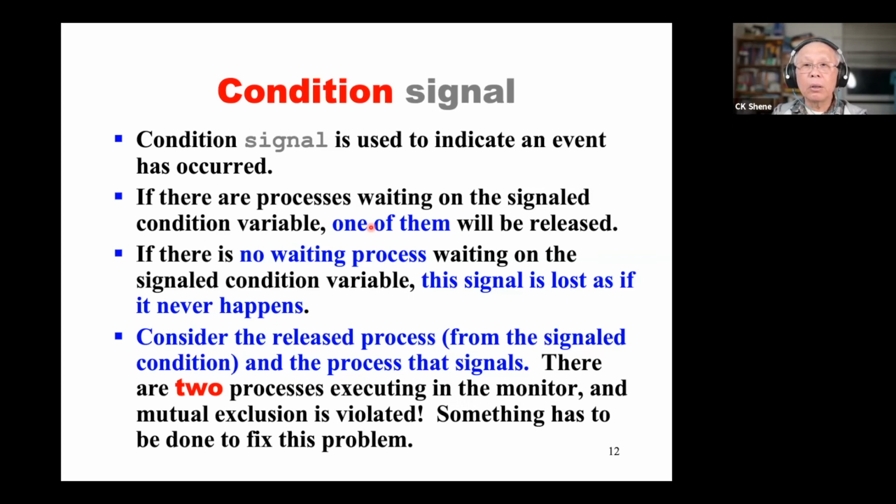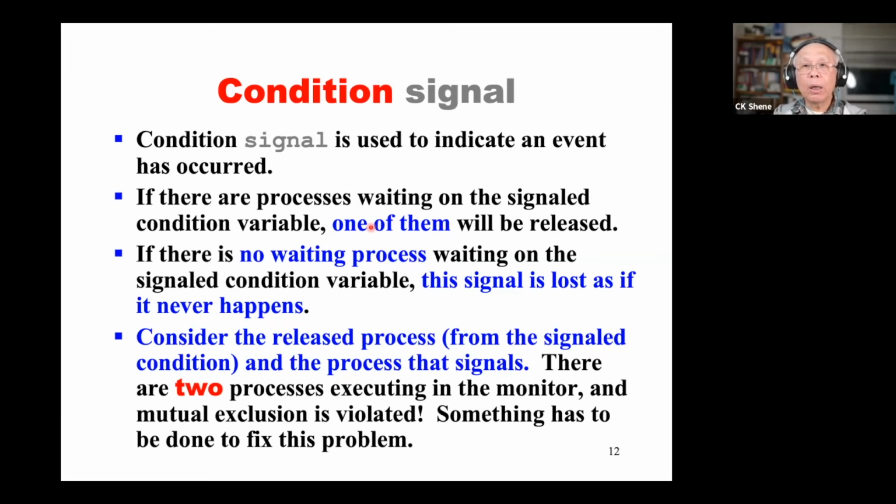As a result, the process that executes a condition signal, and the process released from the signaled condition variable, are running in the monitor at the same time. This violates the mutual exclusion property of a monitor. Therefore, something has to be done in order to fix this problem.